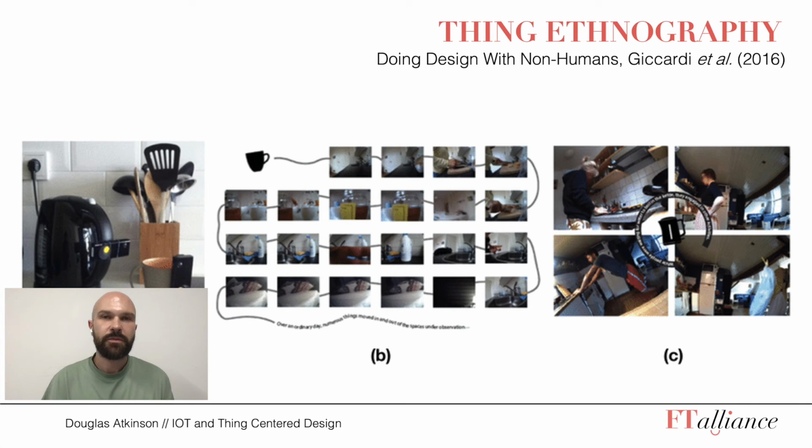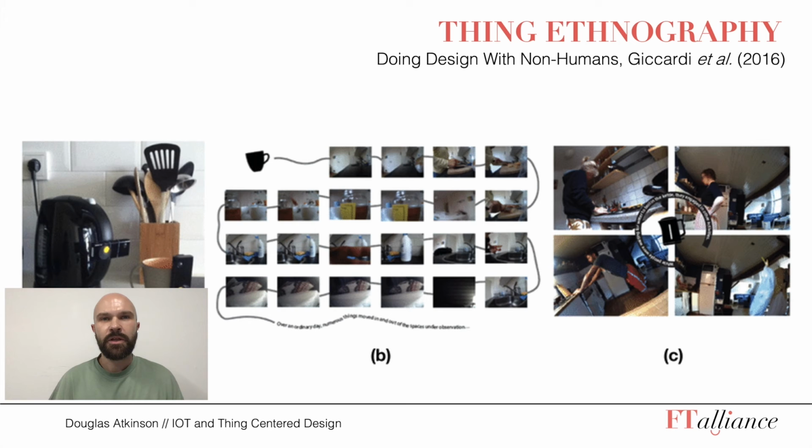A life-logging camera is a technology that generally captures photographs every time it either senses movement or on a timer over a particular scale, so every 10 seconds or 30 seconds. They were interested in the fact that through this process, they can start to understand how non-human things actually structure our time and structure our interactions with them.